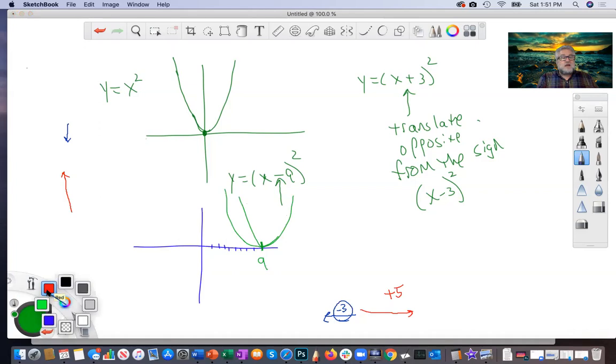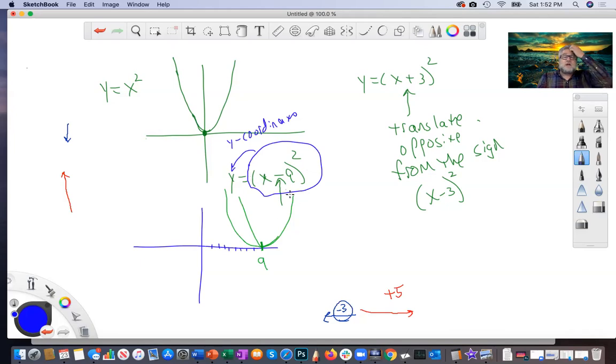But then if I add, so this whole thing here gives me the y coordinate, right? Because it says it's equal to y. So this function spits out the y coordinate.